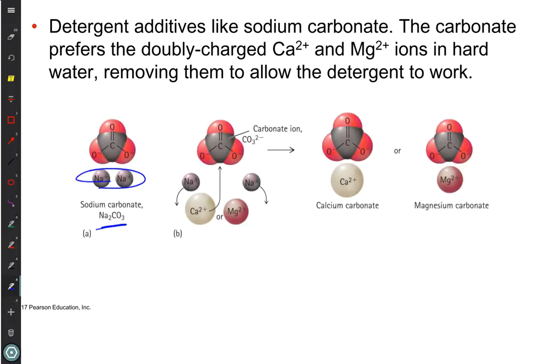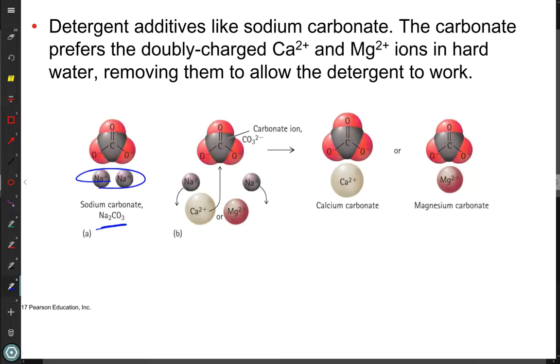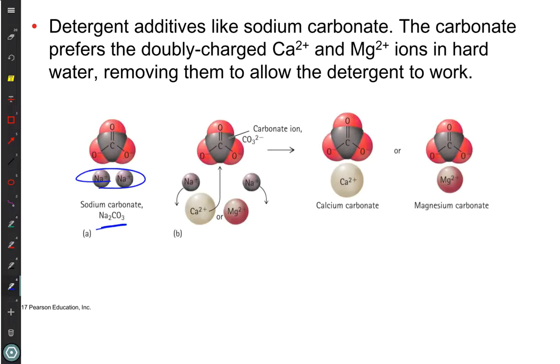There is a stronger attraction to a single calcium or a single magnesium. So that sodium will dissociate from the carbonate, will grab up calcium or magnesium, and then you have the calcium carbonate and magnesium carbonate that won't deposit on the side of the pipe, but will just flow through. And so that's one way of removing calcium and magnesium ions.